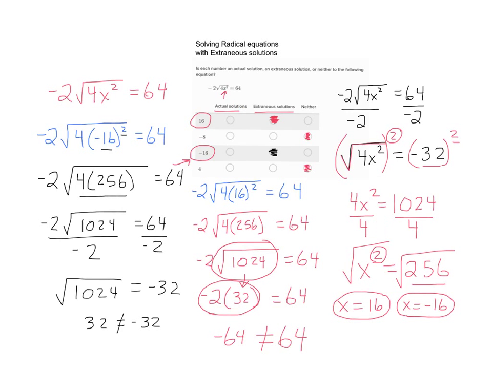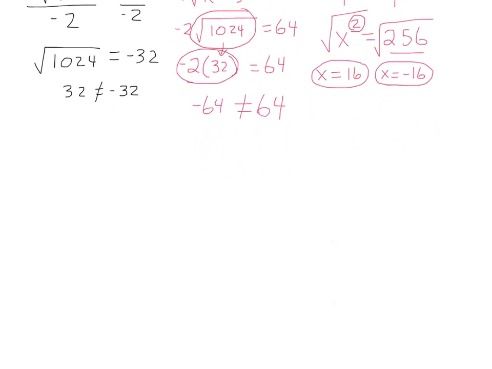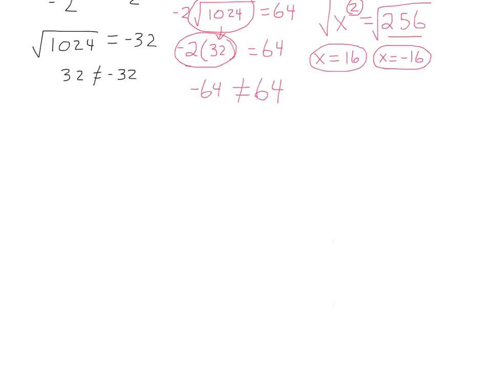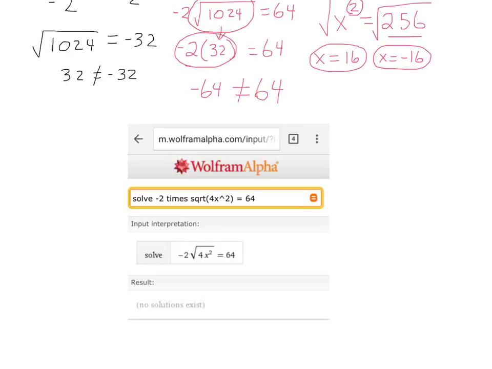I went to Wolfram Alpha just to verify that this is true. Check this out. This is my screenshot from Wolfram Alpha, and you can see what I put in: solve negative 2 times the square root of 4x squared equals 64. It wrote it out so that I could interpret what was input, and this is like the original problem. You can see it says the result, no solutions exist.